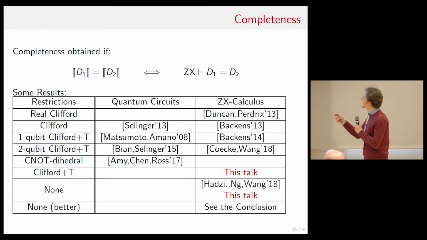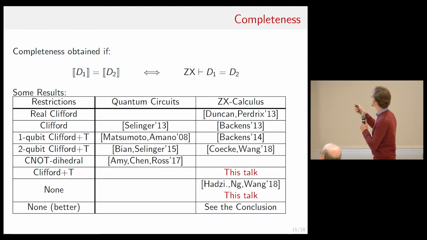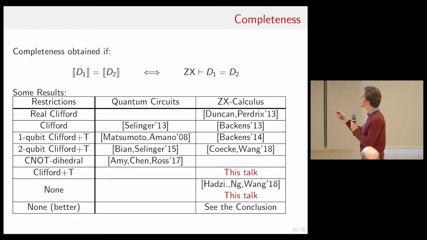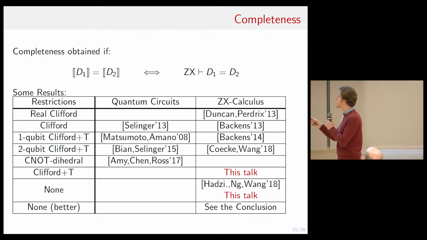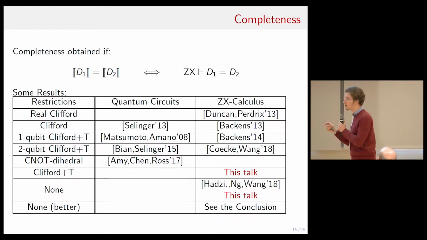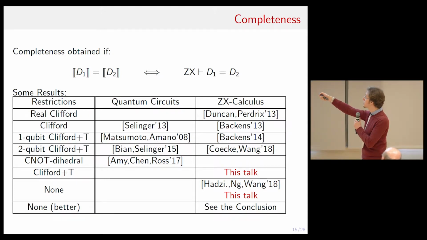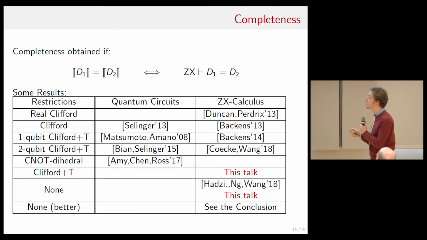So you can see that we have results for both quantum circuits and ZX calculus, although the results for quantum circuits do not apply to restrictions of the language that are universal. All the restrictions for semi-dihedral and above are not universal.